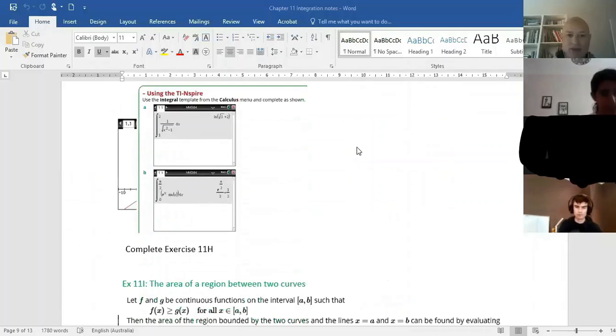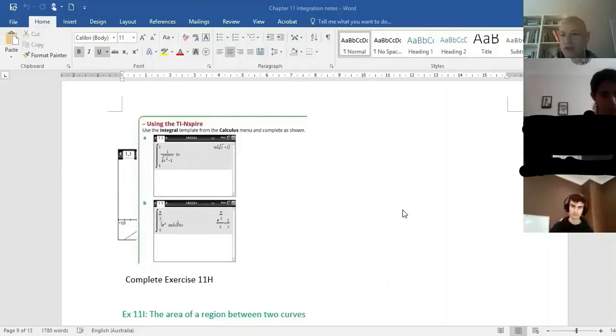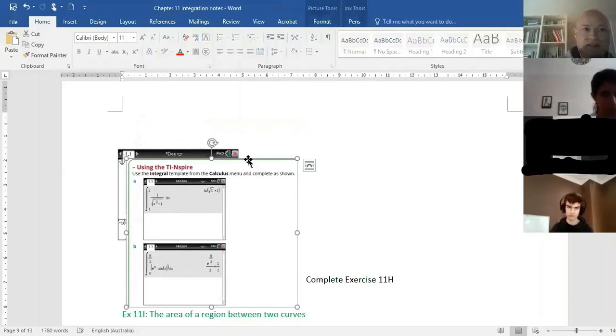Now we can, of course, do this on the calculator. If you see on the calculator, all you need to do is go to your integral sign. So go to calculus, go to integral, and type in your equation exactly as it is.